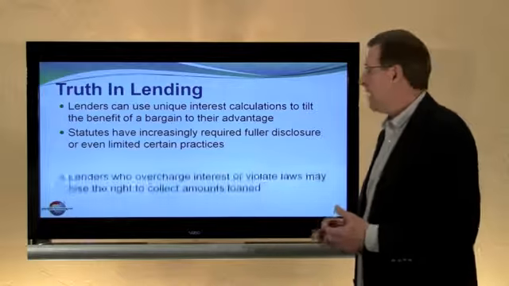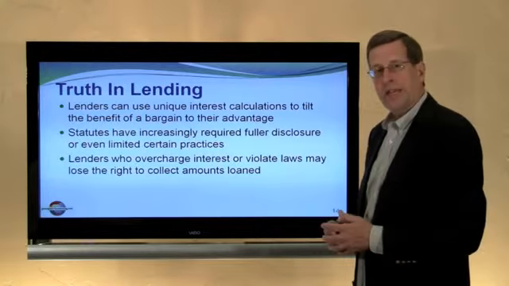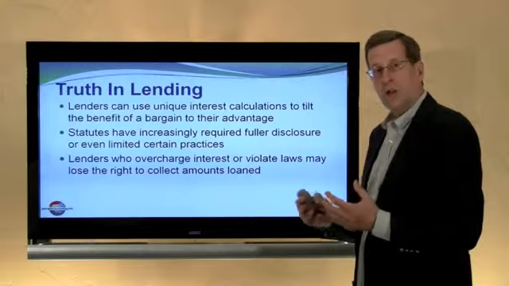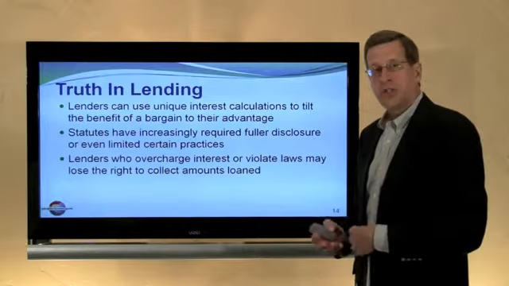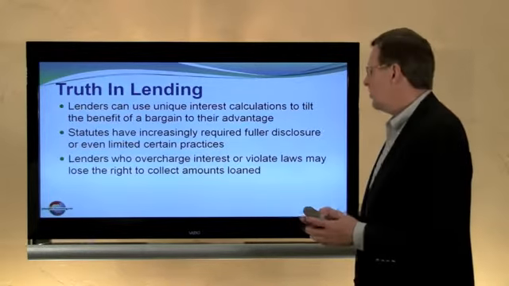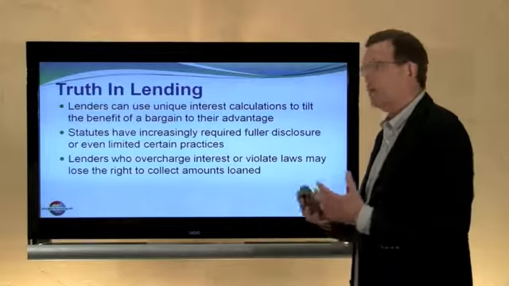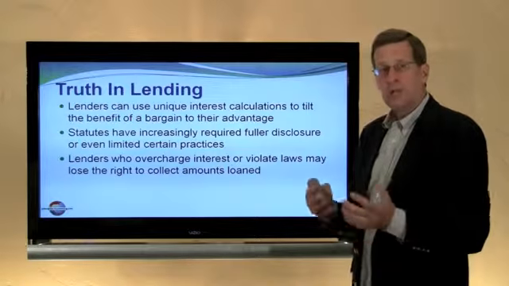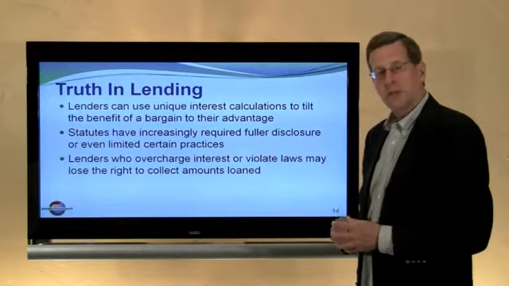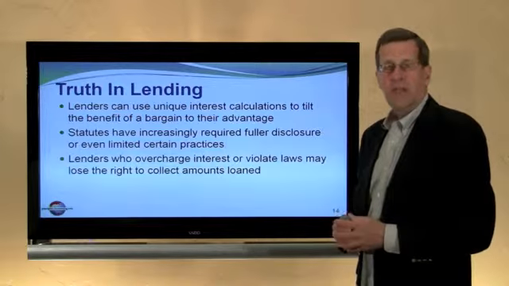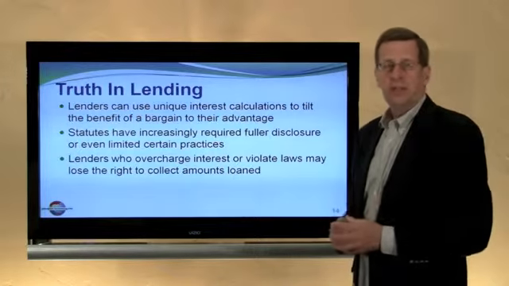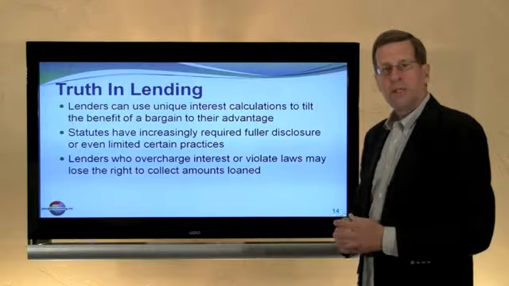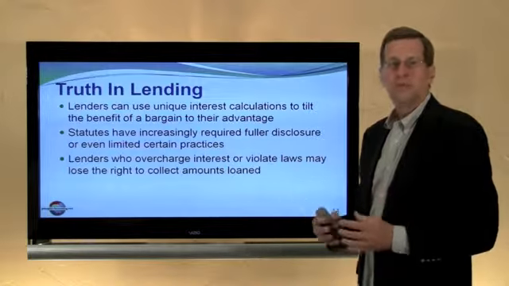And not only that, lenders need to be sure when they engage in lending transactions to understand the legal rules that apply. There are actual rules that say that lenders who overcharge interest or violate other lending laws may lose the right to collect not only interest on the loans but the principal amount that's due. So these are attempts to re-level the playing field, but fundamentally one should be very careful with their borrowing practices to make sure that they're entering into reasonable and fair agreements.